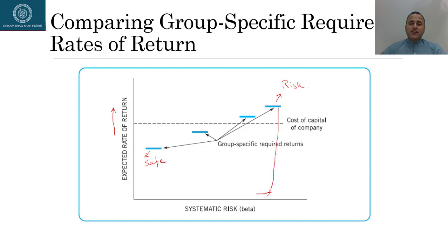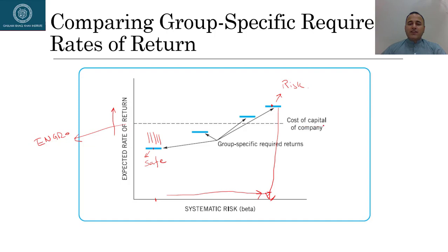Because if you see here, the systematic risk is way higher, and here the systematic risk was around here. So the systematic risk is more, and of course to compensate for that risk you need a higher return, which is here. So in normal circumstances anything above this line would be acceptable, although for the overall company, for example Engro as a company, this is the acceptance line.